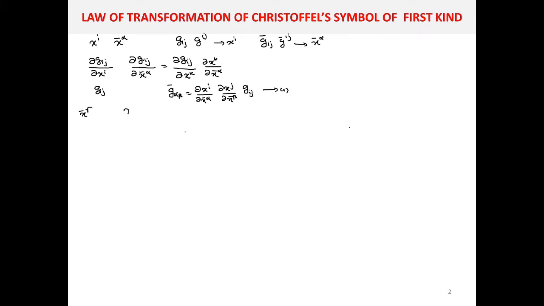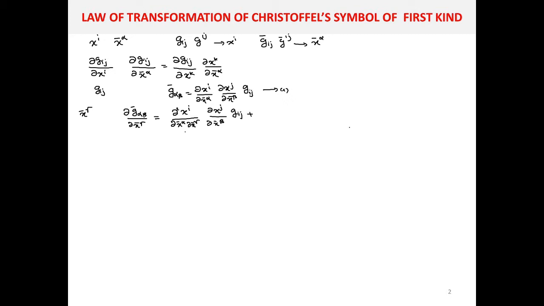So what you will get is dou g bar alpha beta by dou x bar gamma equal to, here there are three terms, so you have to differentiate by parts. When you differentiate the first term, you will get dou square x^i by dou x bar alpha dou x bar gamma into the next two terms, where there is no change, that is dou x^j by dou x bar beta and g_ij.